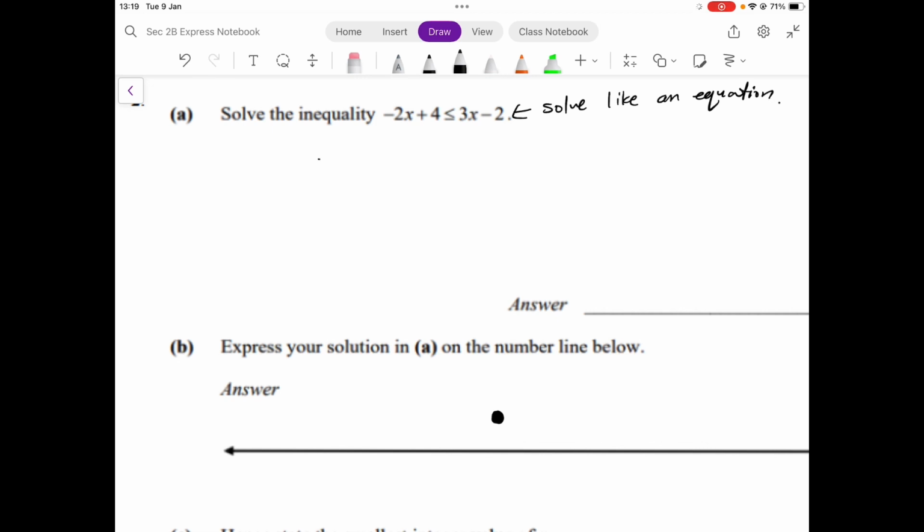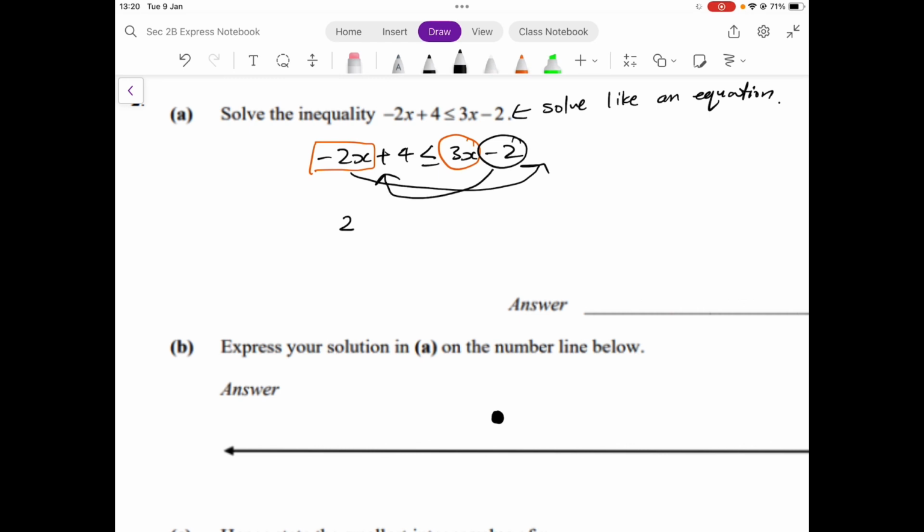Okay, so we get minus 2x plus 4, 3x minus 2. Now we always try to get a positive x value. So this is the bigger x term compared to this one. Right, so what I'm going to do is I'm going to transfer this over. So it means I transfer the number to the other side.